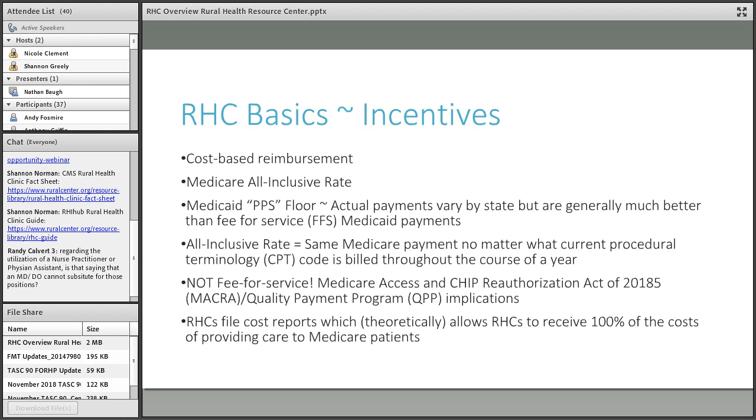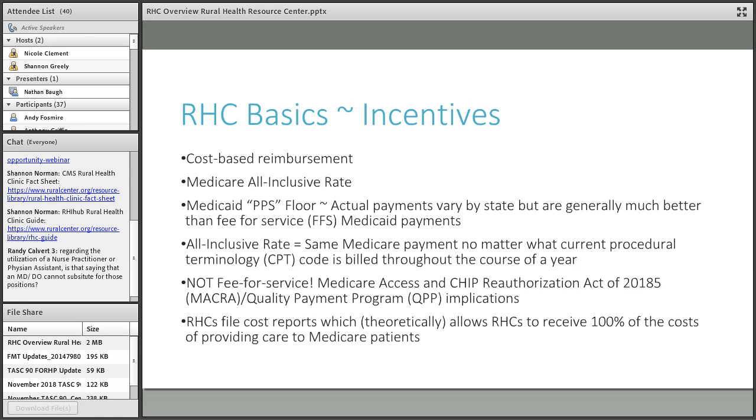We have a cost report, and we get reimbursed a single all-inclusive rate on Medicare. This is Medicare now. We get reimbursed the same amount of money for every single service throughout the course of a year, right? And what clinics call that is the Medicare all-inclusive rate, right? And that is, again, calculated on your costs and the number of visits that the clinic had last year, right?